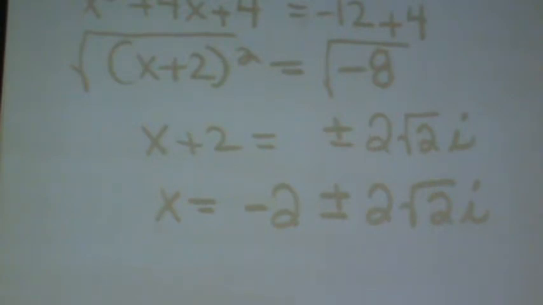Last example. Nick, can you read that sentence for me? Two complex numbers are equal if and only if the real parts are equal and the imaginary parts are equal. What does that mean? All the components must be the same. Yeah, okay, look at this. That's a complex number.